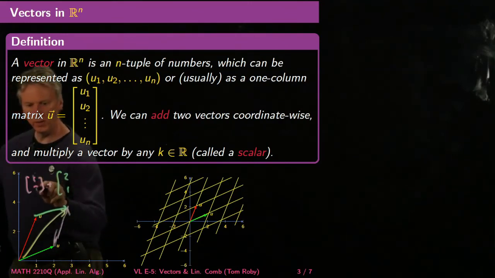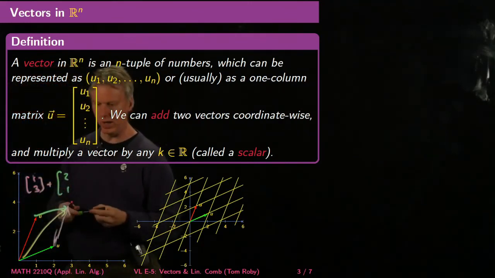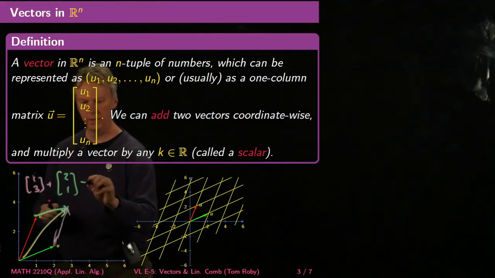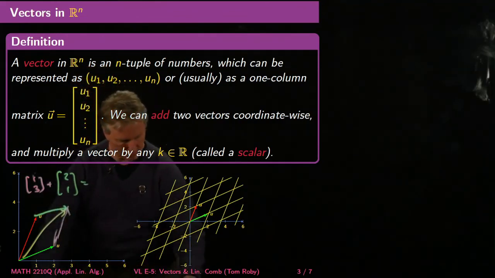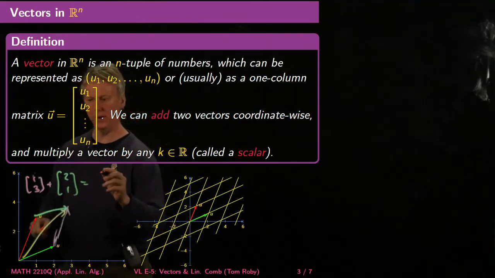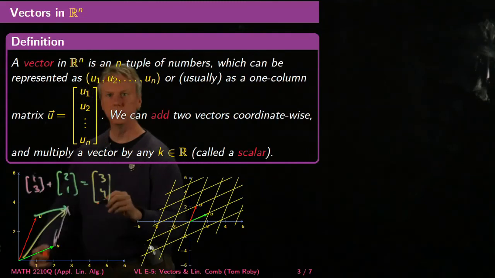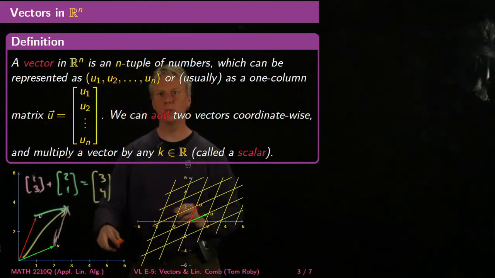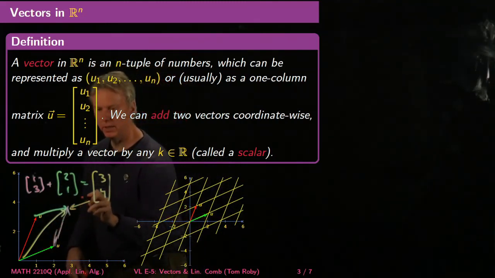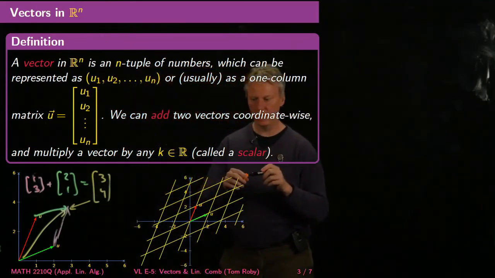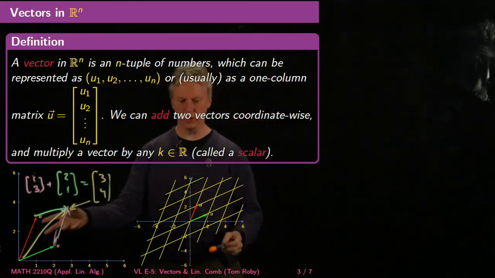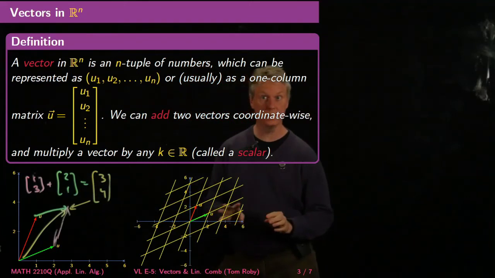So if I take 1, 3, and I add it to 2, 1, then what I get is the orange vector here, which is, just add across. 1 plus 2 is 3, 3 plus 1 is 4. So this is the vector 3, 4. Okay, so that's that point in the plane. And you can think about these as being vectors from the origin, or you can just think about them as isolated points in the plane.